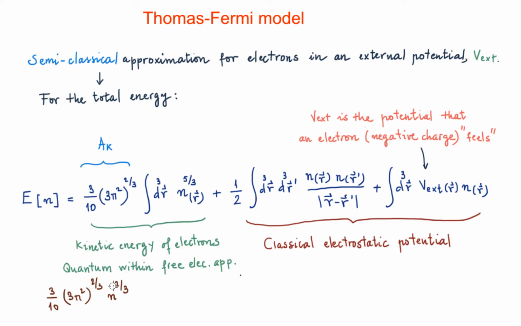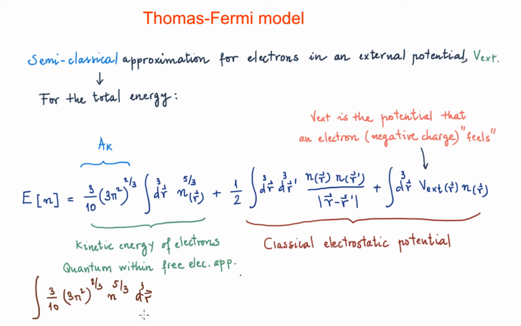So if we multiply by n, we have n^(2/3) times n, which is n^(5/3). So that's the expression we have, and this is therefore the energy we have per unit volume. So we have now to integrate over the whole volume in order to have the total energy of the system. And this is the expression that we have here.